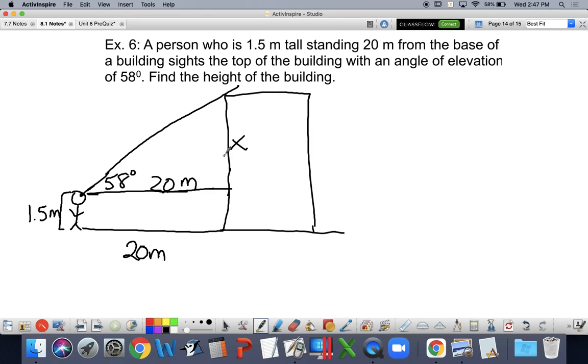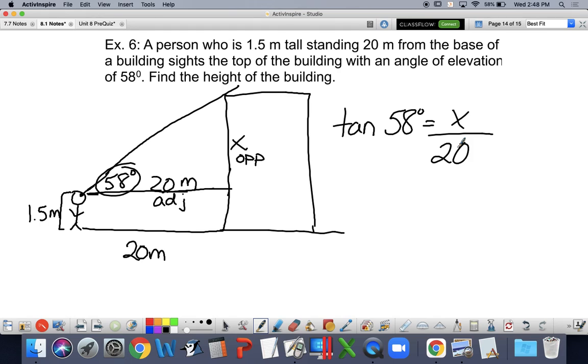So I've got my angle, I've got my adjacent, and I'm trying to find the opposite. So what trig identity do I use for opposite and adjacent? Tangent. So the tangent of 58 degrees is x divided by 20. We're going to just multiply both sides by 20.